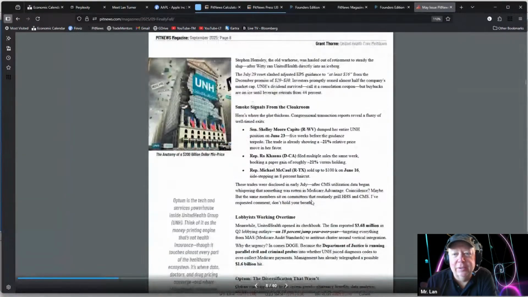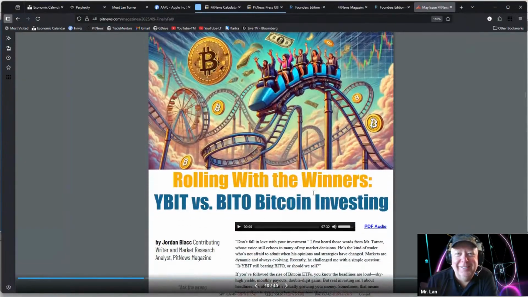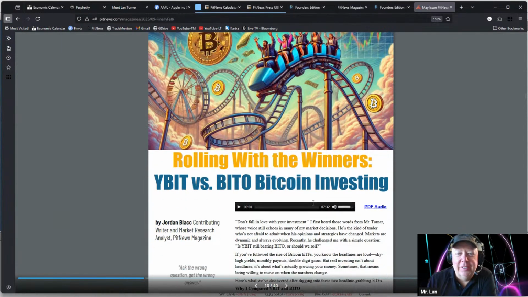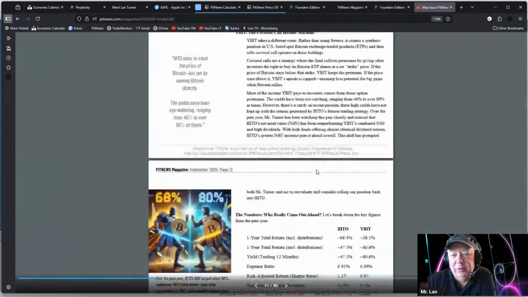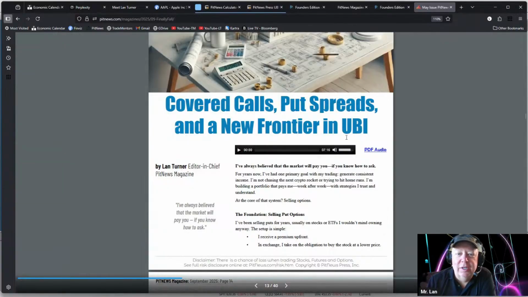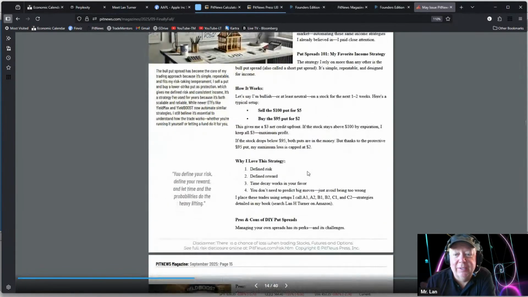It's a really cool article, a lot of fun if you love conspiracy theories. He's full of conspiracy theories. All right, and then we got YBit versus Bitto. We talked about that in class, if you remember, and we went down and we did that one. And then we got covered calls, put spreads, and the New Frontier and UBI. That's an article I wrote talking about this exact stuff that we're talking about today.